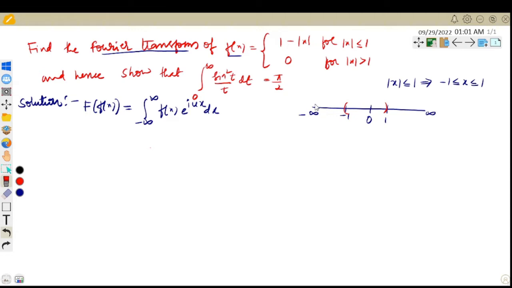Otherwise, in the other intervals, its value is 0. Or in other words, f of x is 1 minus modulus of x in the interval minus 1 to 1, and 0 otherwise.